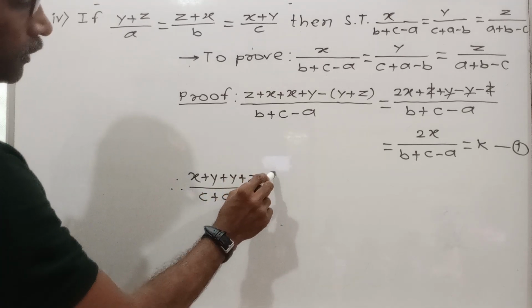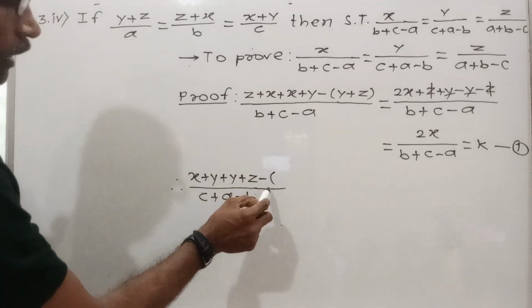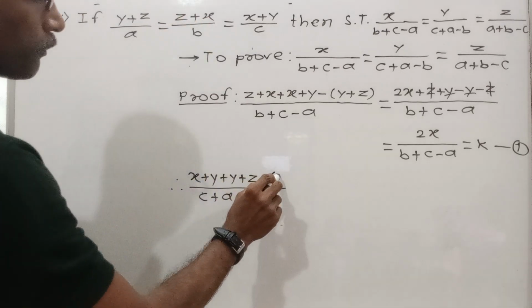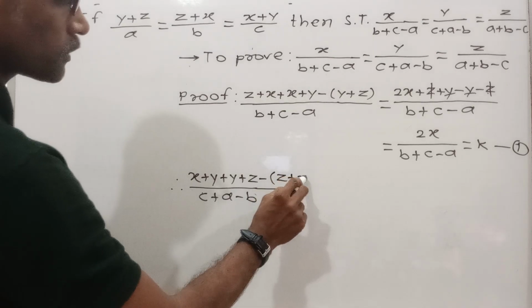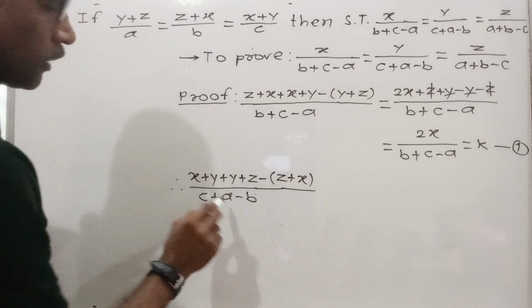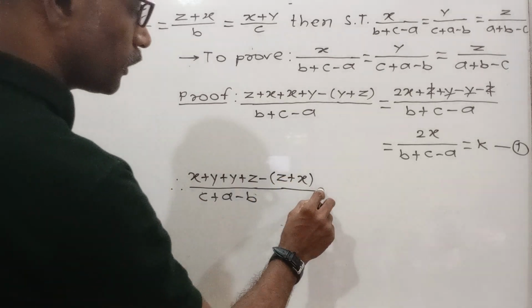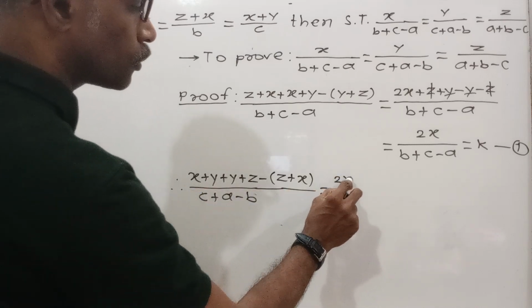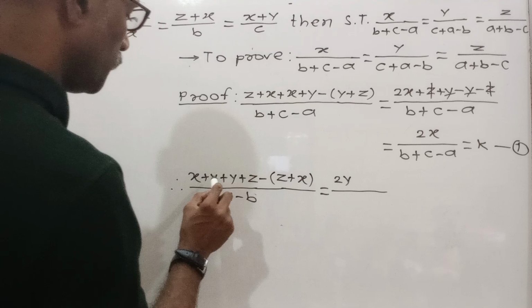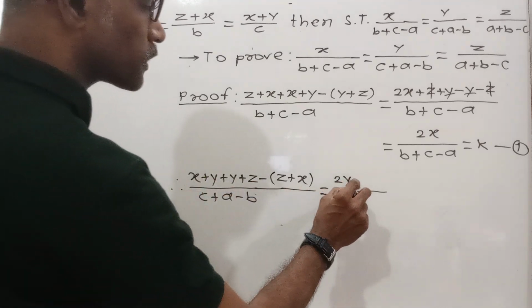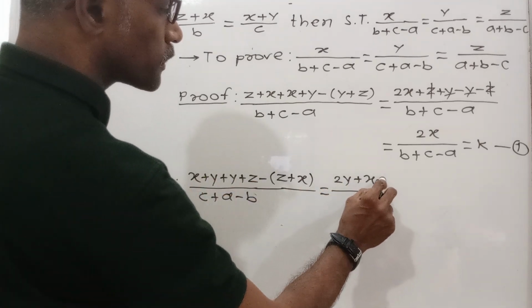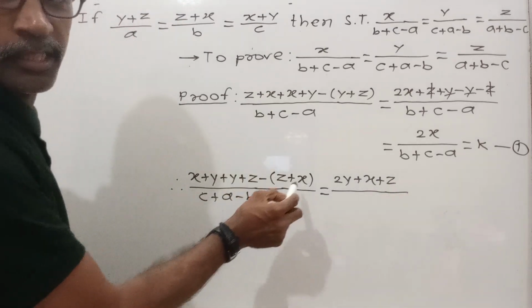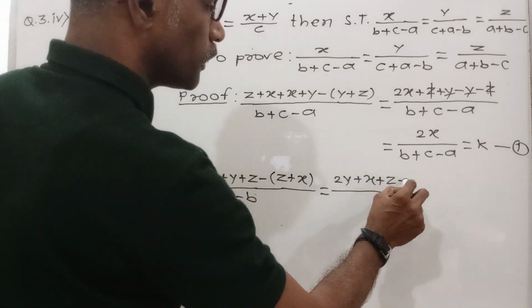Then minus b's value, that is numerator of b, z plus x. Did you understand? Is equal to, see this, y plus y, 2y. Then what is left? x plus x plus z. Because of the minus sign, the internal sign changes: minus z minus x.